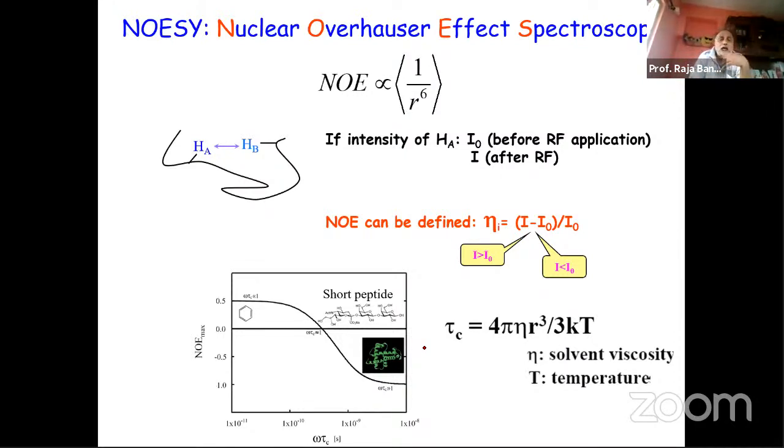Nuclear Overhauser effect is related to distance, and this relation is R to the power 6. If they are related by less than 4 angstrom, we have this NOE. If it is 2 point something, 2.8 or something, we get a strong NOE. 3 to 3.5 is medium.